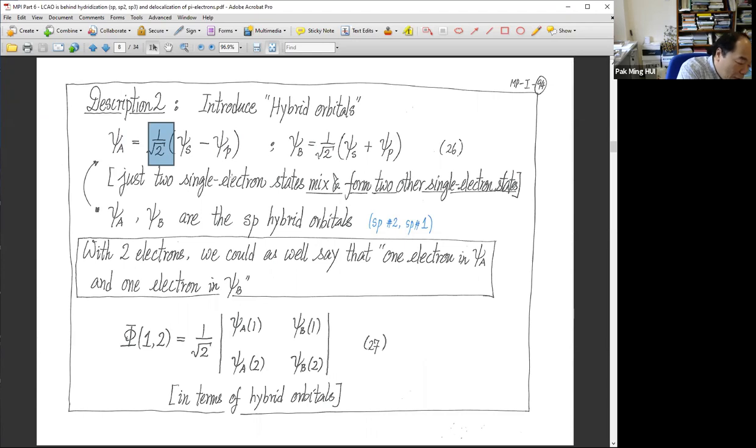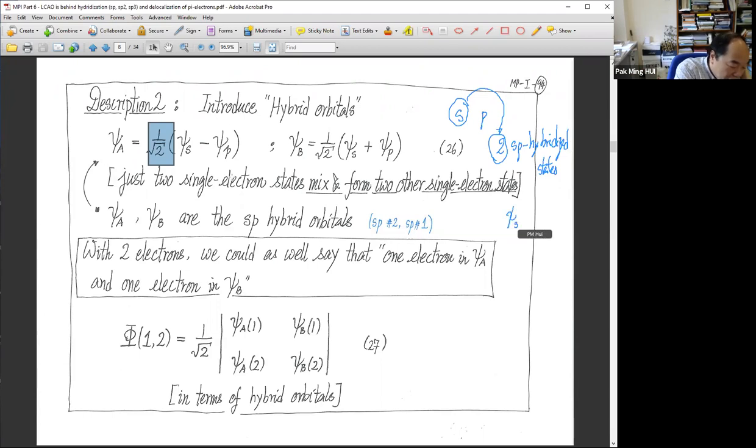Now, we only have an S and a P to form 2 sp hybridized states. The S character will have to be evenly divided into these 2 states. It will not bias the left or the right one. It shouldn't, right? Okay?